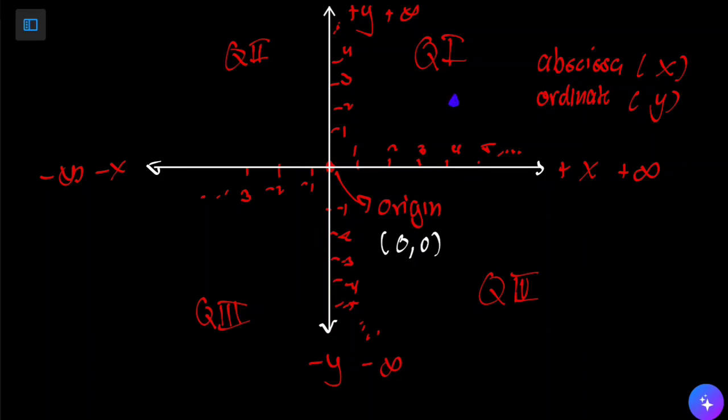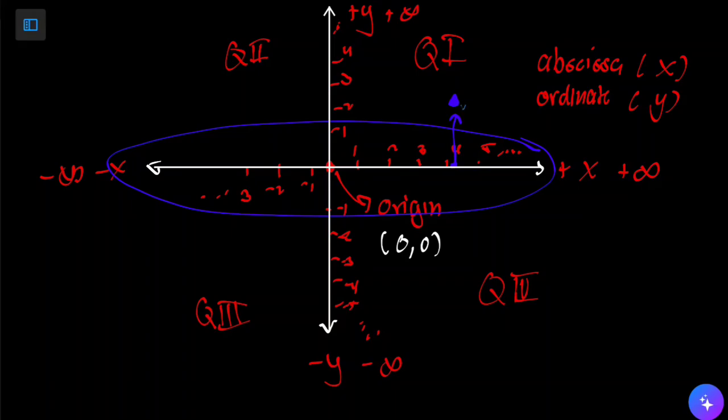And your ordinate is the y, because, opposite to the abscissa, it measures the distance of the point from the x-axis. So from here it measures the distance from the x-axis towards the point, and that distance is parallel to the y-axis.